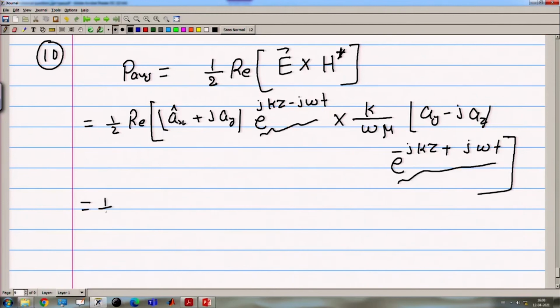So, 1 by 2 real part of k by omega mu, and after this we have to take the vector product, a_x cross a_y, so that will be a_z, and a_x cross a_z.